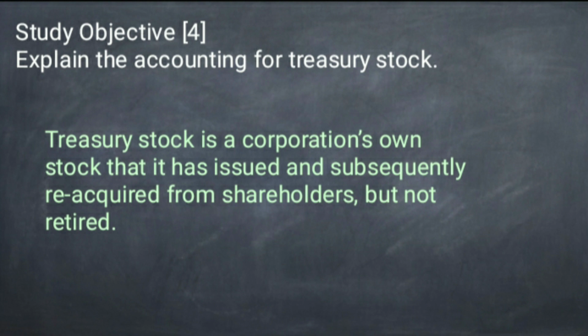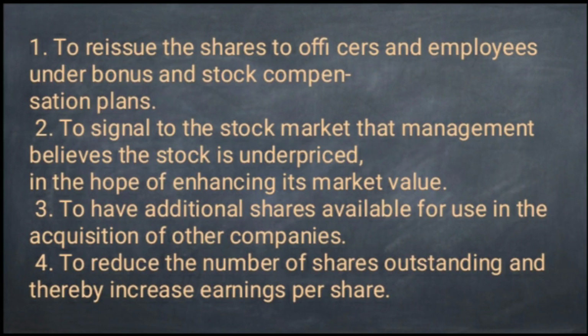Study Objective 4. Explain the accounting for treasury stock. Treasury stock is a corporation's own stock that it has issued and subsequently reacquired from shareholders but not retired. Companies acquire treasury stock for several reasons. 1. To reissue the shares to officers and employees under bonus and stock compensation plans. 2.